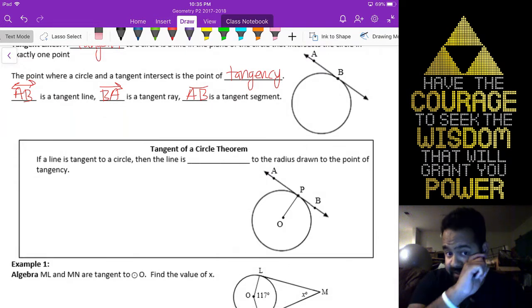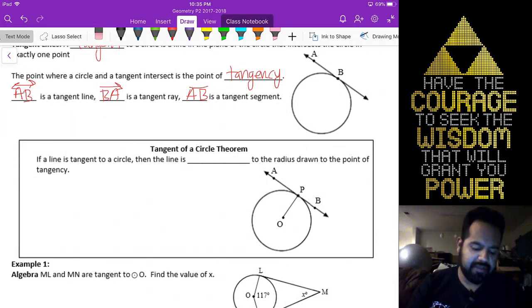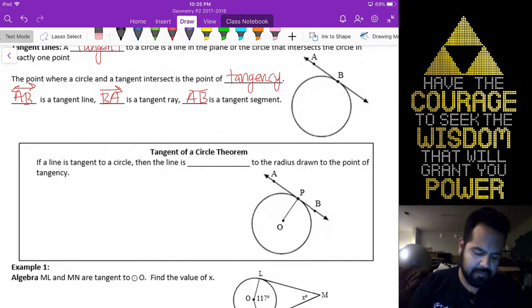Now, our tangent circle theorem goes like this. We say that if a line is tangent to a circle, then the line is perpendicular to the radius.